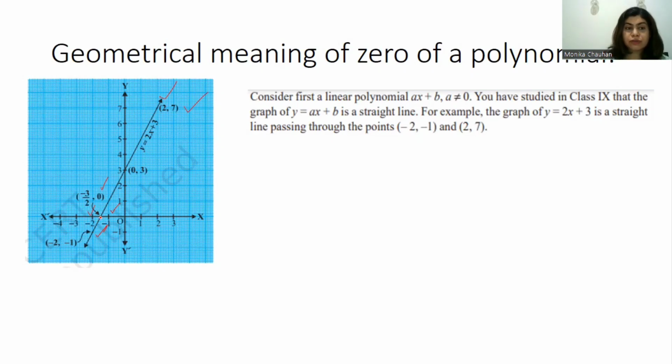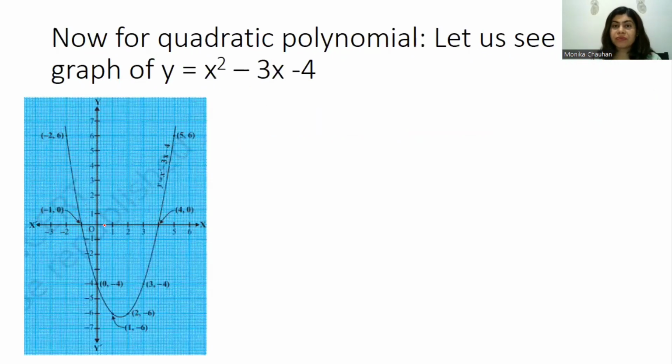I hope I'm clear. So try to read now at how many points the lines are touching the x-axis, and that will give you the number of zeros. You can calculate it, but reading it is also very important.